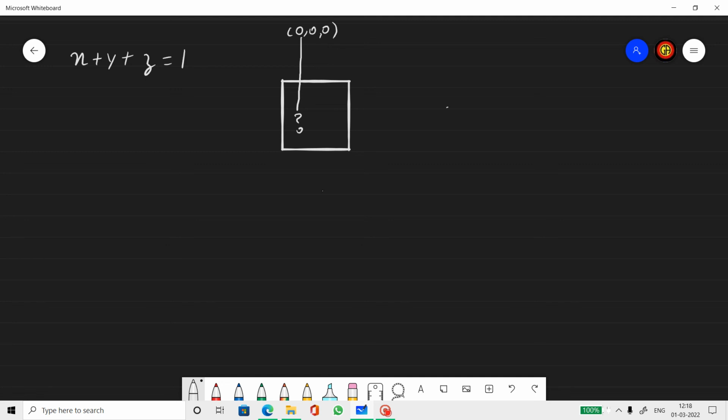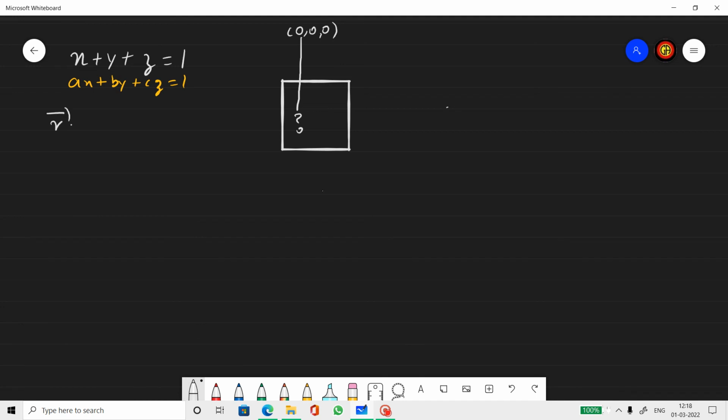Alright, now let's convert the given equation to the standard vector form. As I said already, this is the Cartesian form: ax plus by plus cz equals 1. I wanted to convert it into vector form.